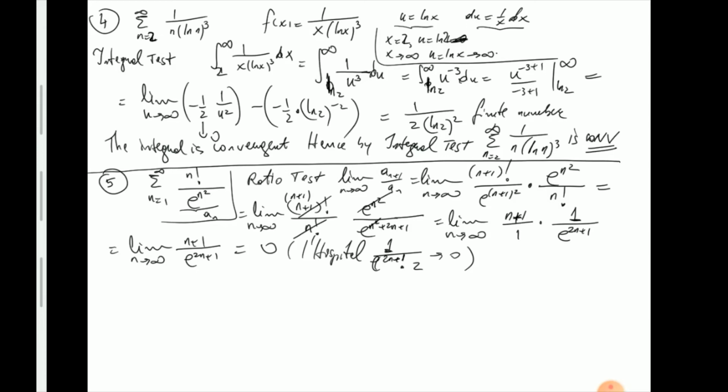Now again, this is when you have these types of limits of infinity over infinity, involving polynomials, logarithms, exponentials, with the base greater than 1, for example.